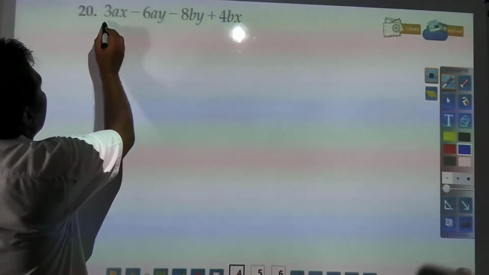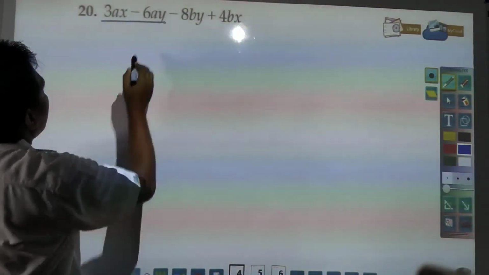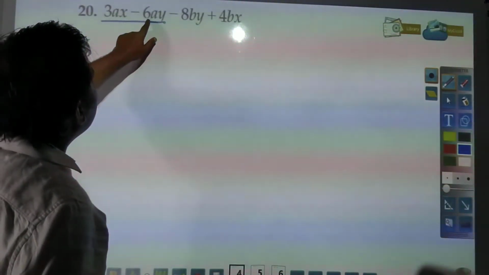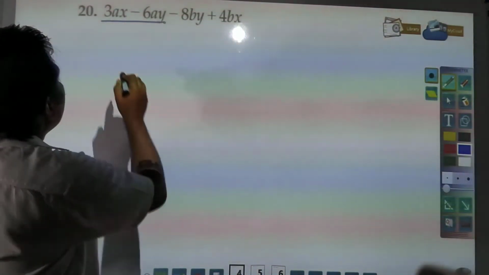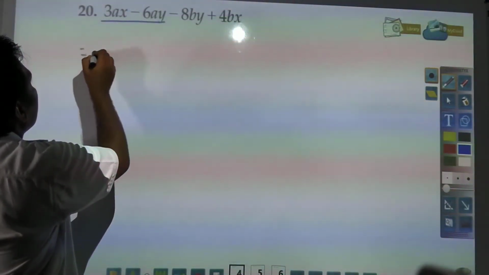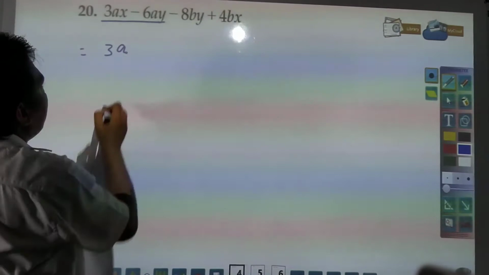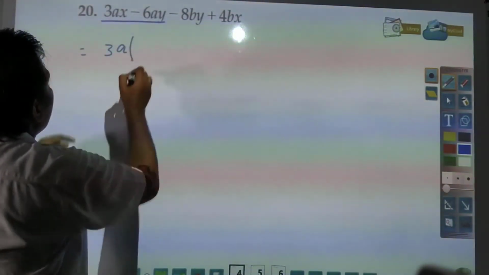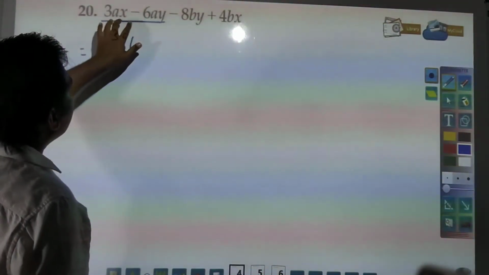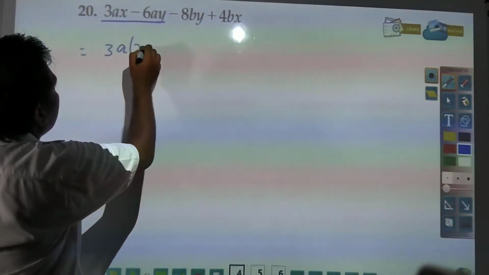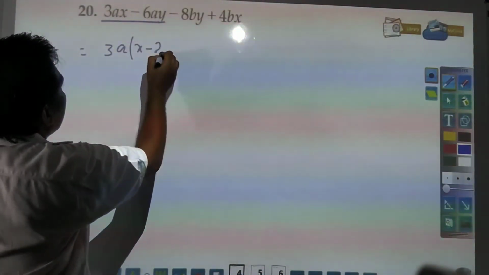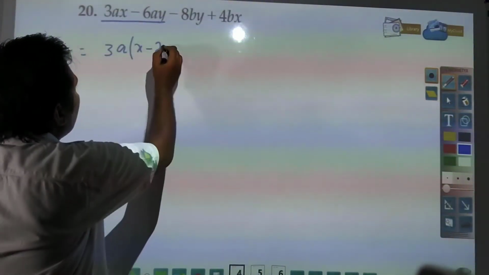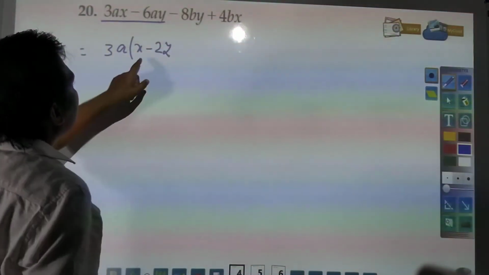So in between 3ax and 6ay, what common do we have? We have 3a, and if you take out 3a from both, you will be left with x minus 2y, since 6a you have taken out, you will be left with 2y.